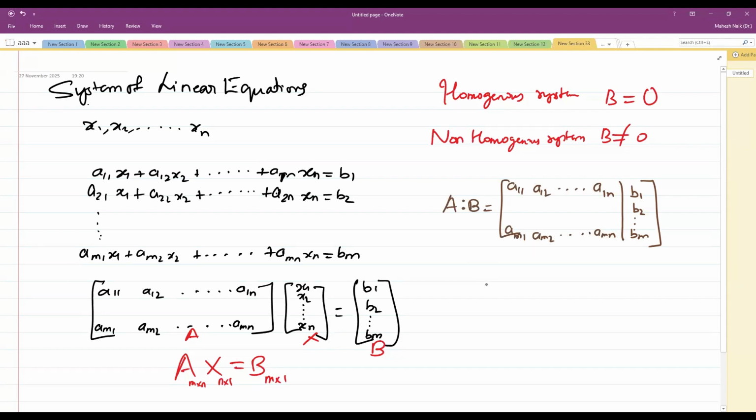So when it comes to the solution of the system, we look at the ranks and we talk about the consistency.